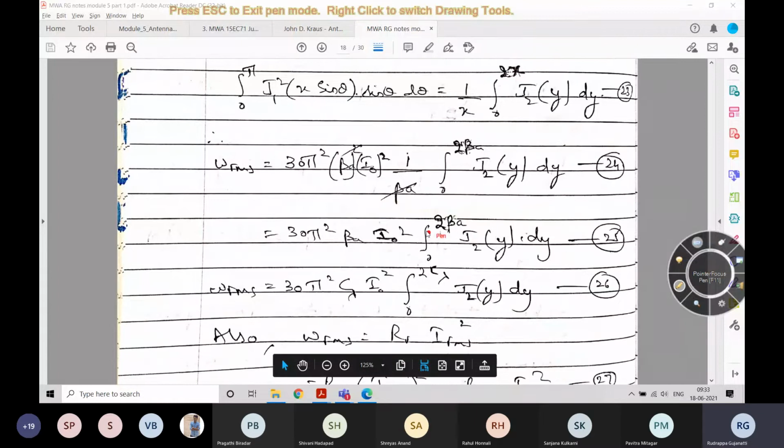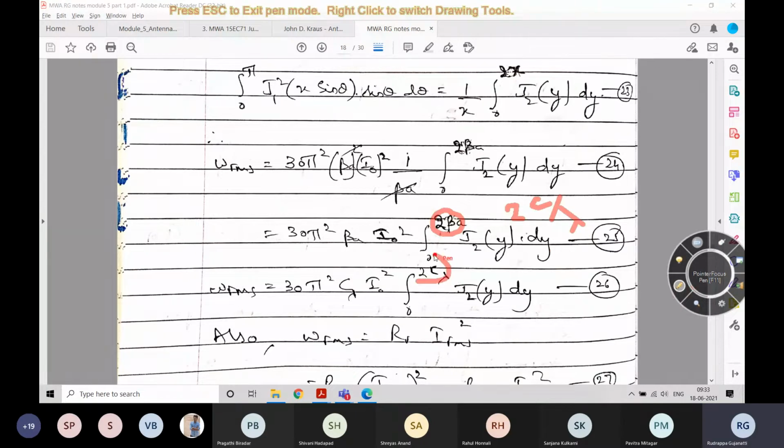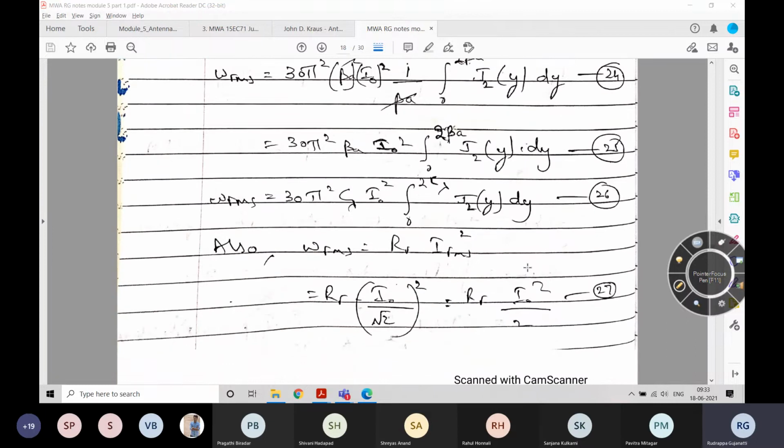Now 2 times beta a is actually equal to 2 times c by lambda. It is obtained from the geometric specification. So what they have done is replace 2 times beta a in the integration with 2 times c by lambda.